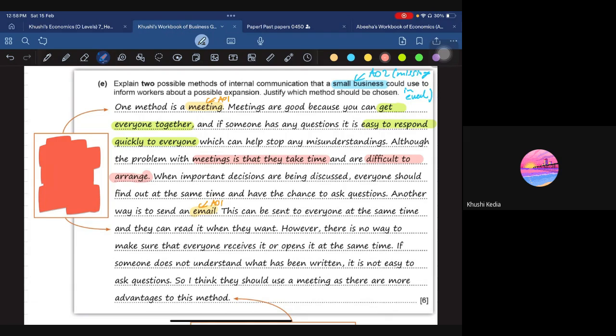Okay. It's not necessary to add this sentence, that's what you're saying. Yes, sir, that sentence of when important decisions are being discussed.